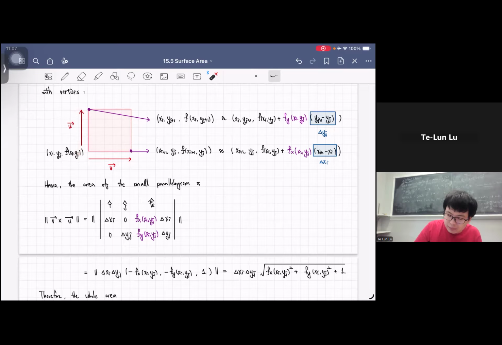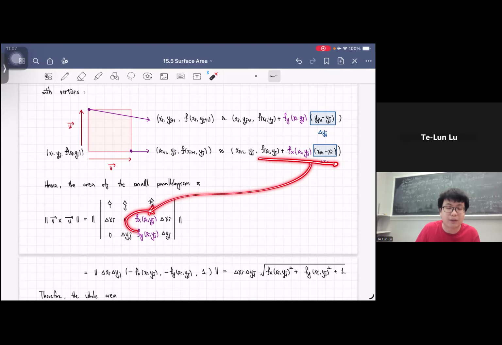So first of all, what is this vector? It is given by the difference between this vertex and this vertex, right? Sorry, I'll do the v vector first. You have x_{i+1} together with x_i, that gives you delta x_i. And y_j doesn't move. The difference in the function value here is given by f_x(x_i, y_j) times delta x_i.